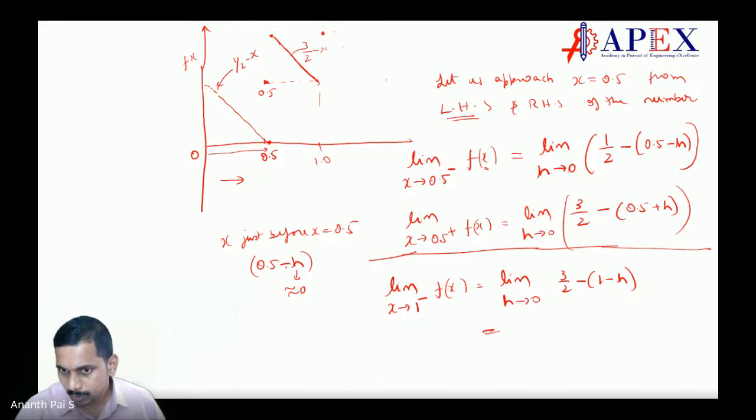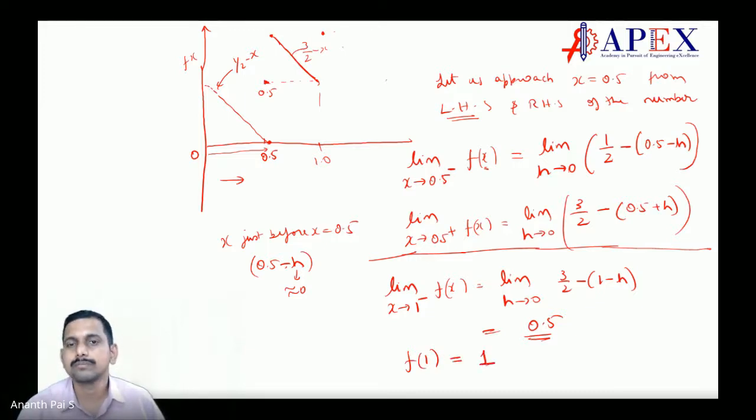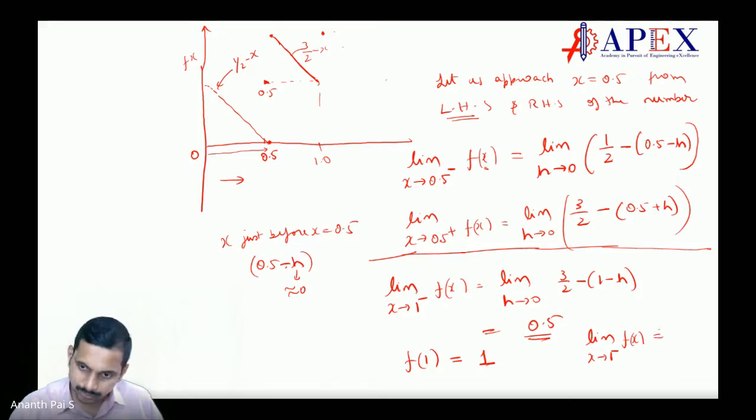The value you get is 3 by 2 minus 1, which is 0.5. Then what is f of 1? F of 1 is 1. So the left hand limit is not equal to the value. So limit x tending to 1 minus f of x is not equal to f of a. Make sense?